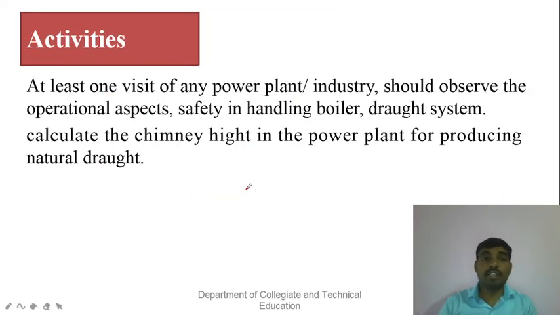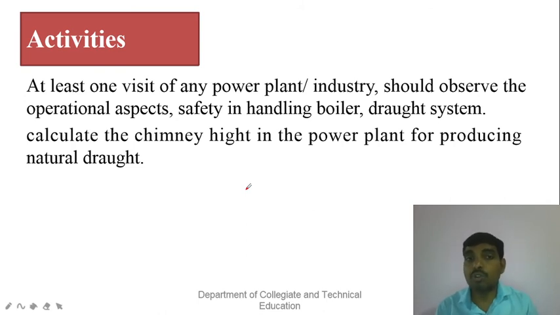Students, let's take an activity for you: visit any power plant nearby or industry where an actual boiler system is used. For any boiler there must be a draught system.